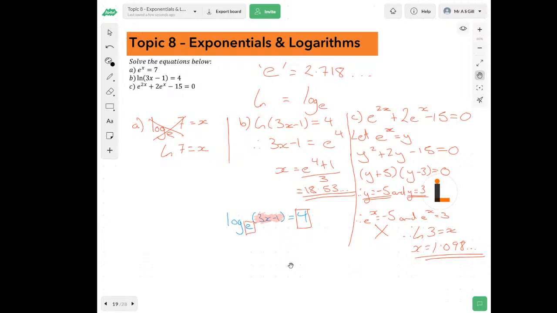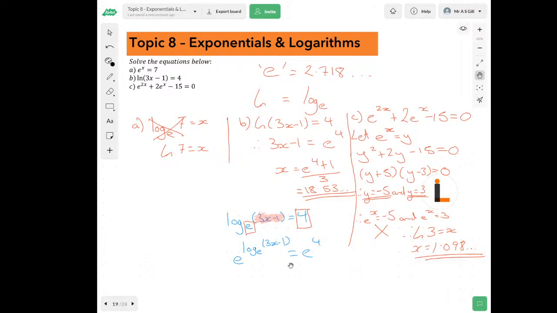So what we're going to do is rearrange that. Or the other way of thinking about this is, let's apply the exponential to both sides. Just like we would multiply both sides when solving a question, we can apply the exponential to both sides.